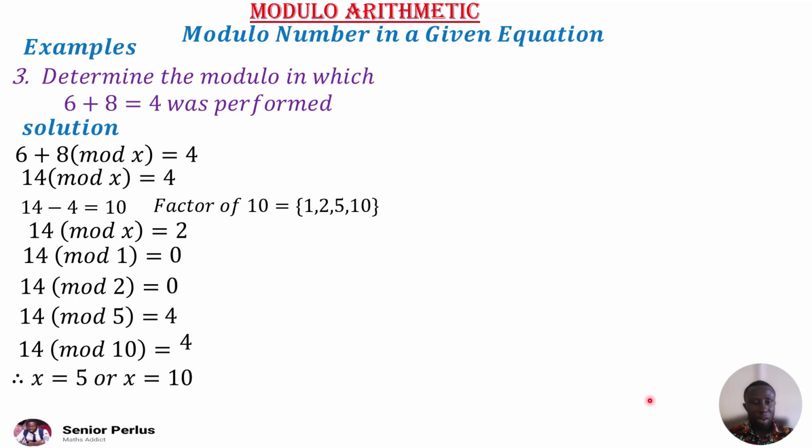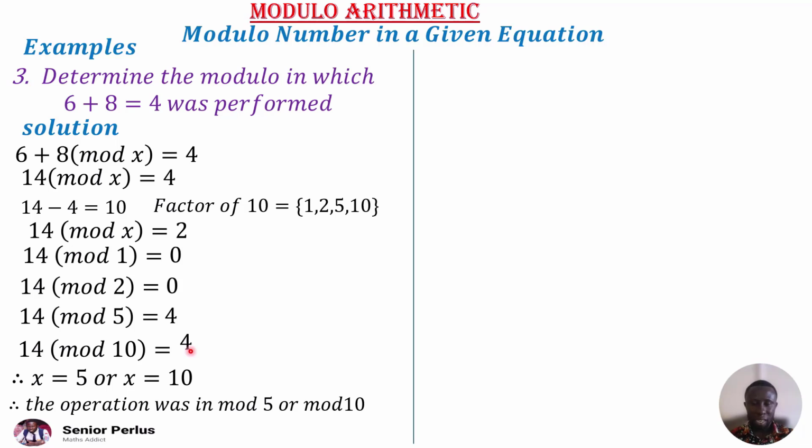So our S is 5 or 10, because 5 and 10 make the statement true. The operation was in mod 5 and mod 10. That's all, nice conclusion.